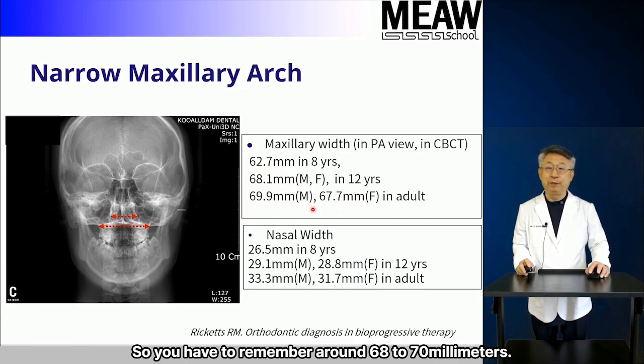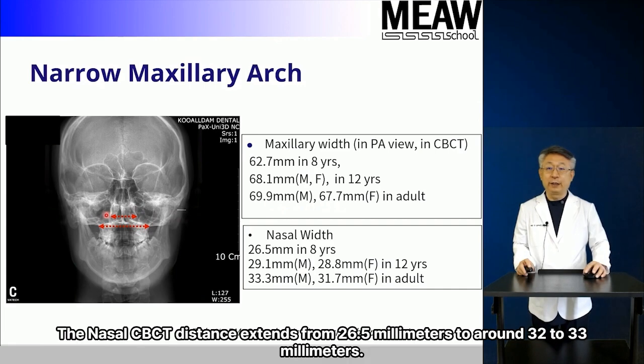So you have to remember around 68 to 70 millimeters. The nasal CBCT distance extends from 26.5 millimeters to around 32 to 33 millimeters.